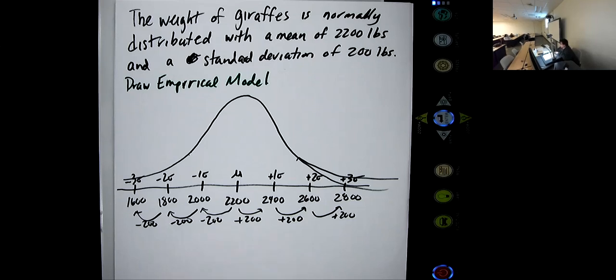I'm only doing these arrows with the plus 200 and minus 200 just to make it clear what I'm doing. You really don't need to do that part when you draw it.